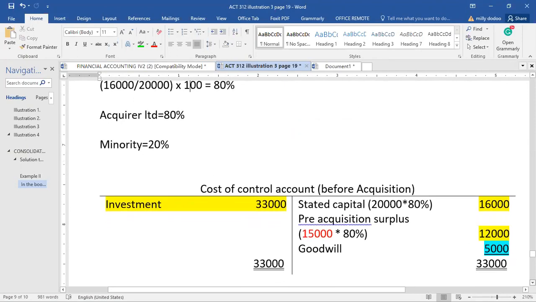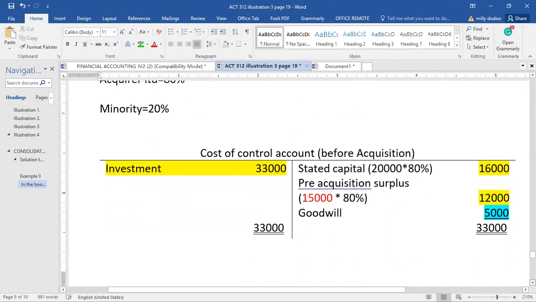Now we're being told in the question that he bought the company for 33,000. So the 33,000 is your investment. You debit your cost of control account with 33,000. Then at the credit side, stated capital. Your stated capital is 80% of Swallowed stated capital.